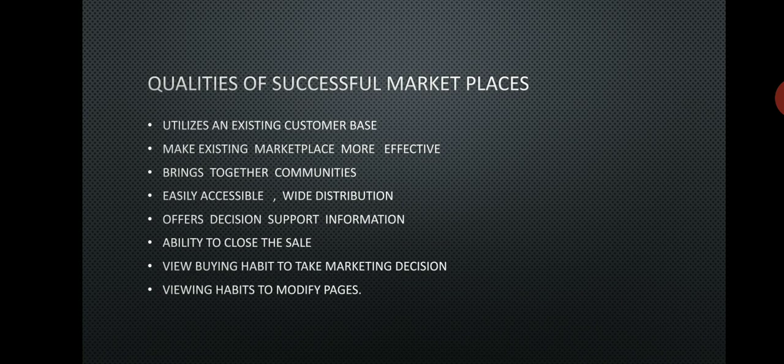The next point is bringing together the communities. The communities mean the seller and the buyer communities. These are the two main kinds of communities. The seller community should get the details about the buyer community, such as the purchasing capability of that particular buyer, or what that buyer has purchased in the last few months.